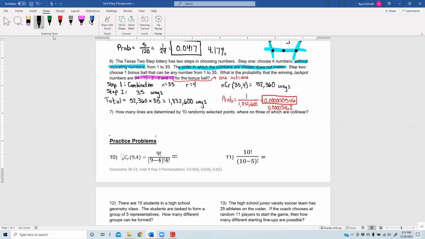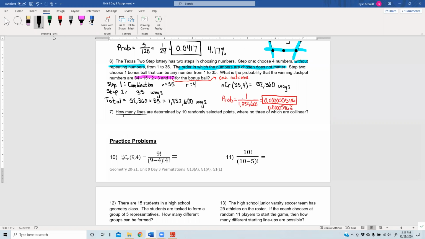How many points do I need? I just need those 2 and I can draw a straight line between them. Anyways, you just need 2 points to make a line. So I'm gonna write that here. 2 points make a line.